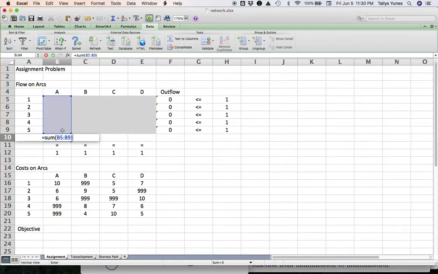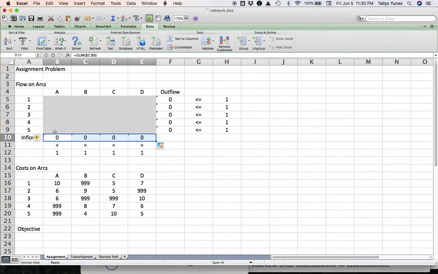Again, very similar to the transportation example. Again, I am fully aware that not all of these arrows exist in the picture, but I'm pretending they do for now because that allows me to simply type this formula one time and copy through, and I'm finished. Imagine if I was pairing up 100 things with another 100 things.